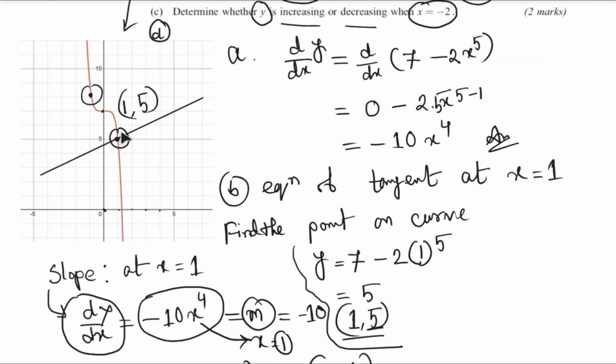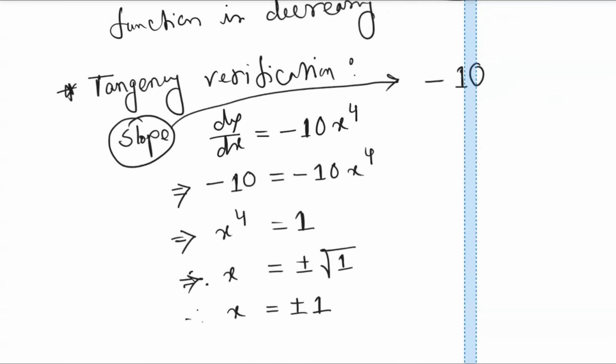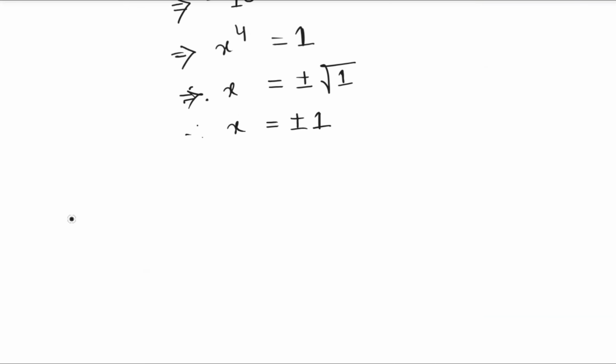So x has a value like positive 1 or maybe negative 1, but we have to find the value of y as well. What is the value of y? Anyways, whether x is equal to 1 or x is equal to minus 1. So this is case number 1 and this is case number 2.